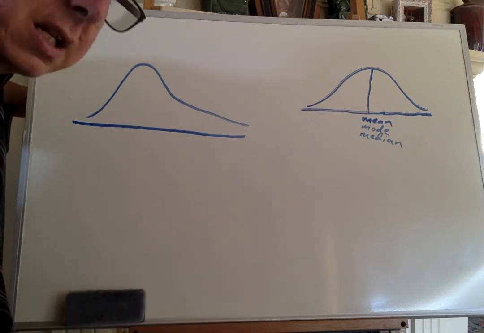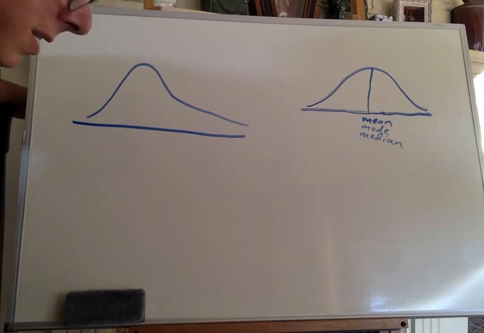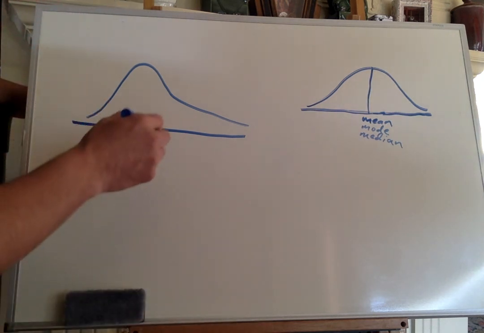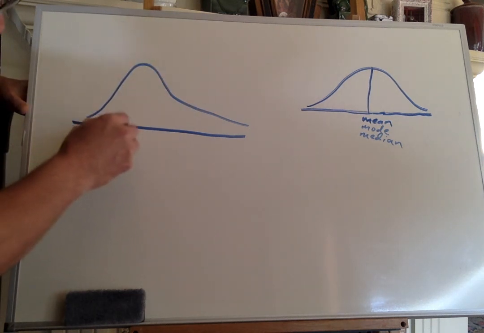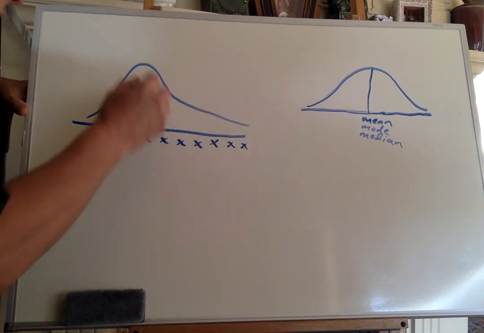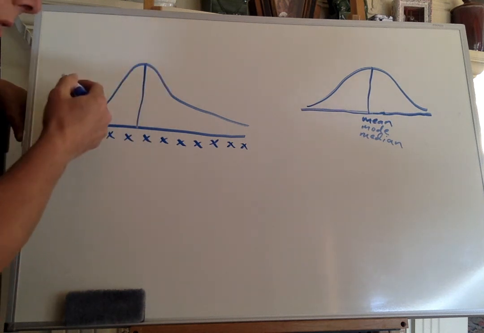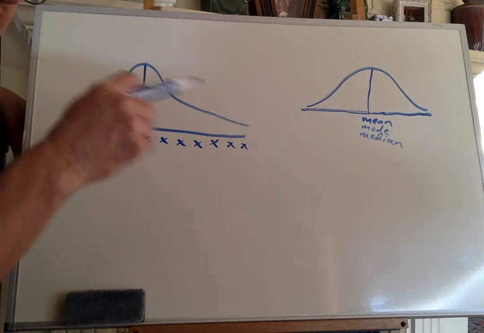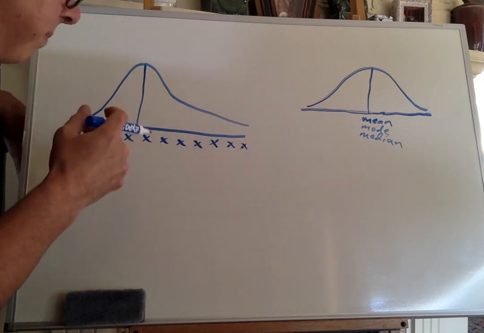If we have a negatively skewed distribution, we have to be careful with the mean, because remember, if we look at this distribution, we can say, well, I know that that's the mode because it's the most frequent, right? And we'll get to the median afterwards. But where would the mean be?